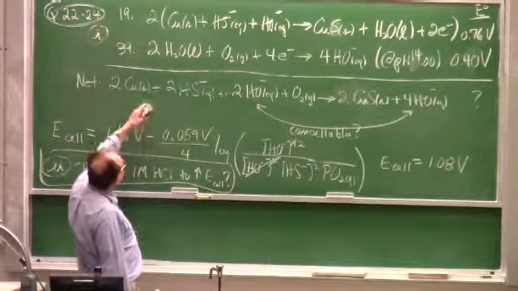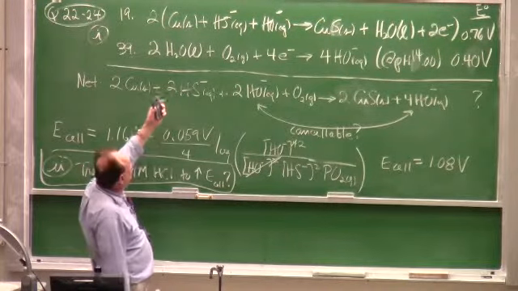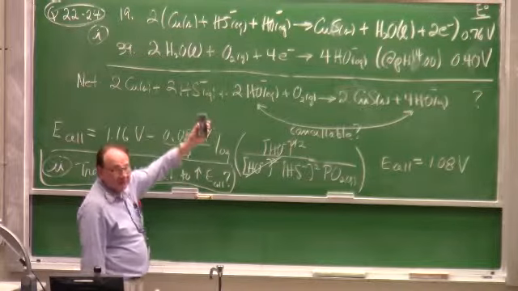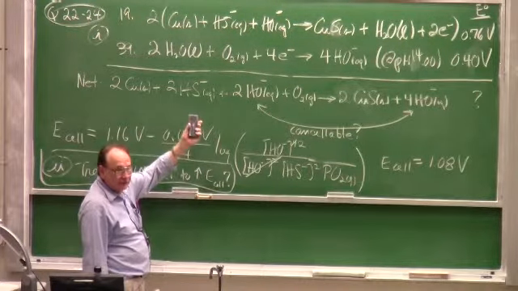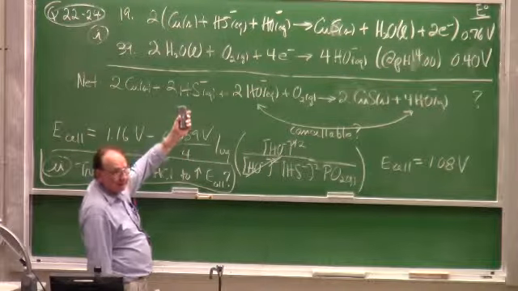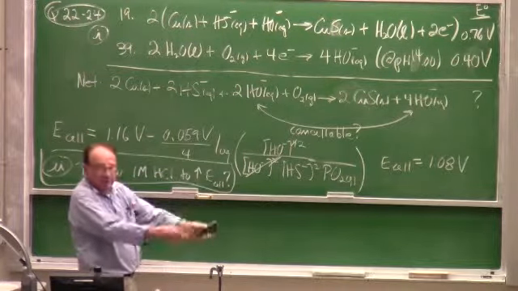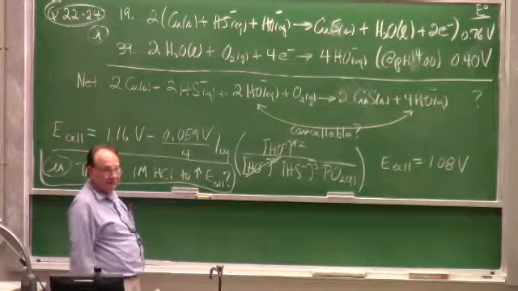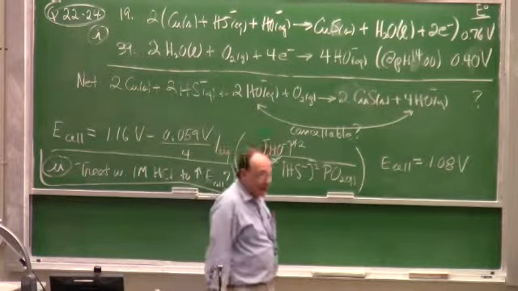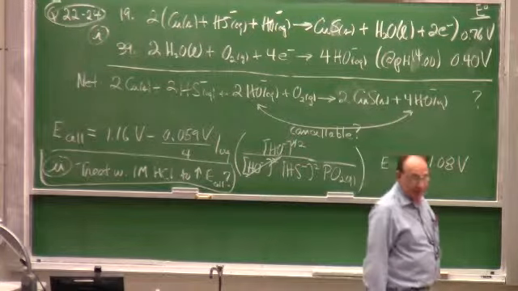Because in this system, the reducer is copper, which is solid state, not in solution. And the oxidizer is oxygen, which is gas phase, also not in solution. So I can run this system with the solution components all swimming around in the same pot. And if I have the solution components in the same pot, I can't create two different hydroxide ion molarities.